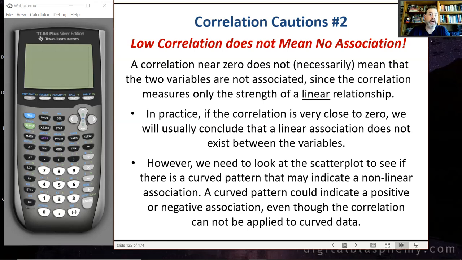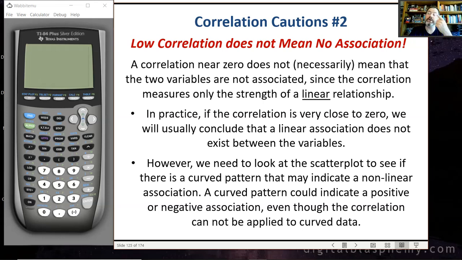It'll still be a positive association. But the number for the correlation doesn't have any meaning. I know that's kind of strange based on what I've been telling you, but it still should make sense, right? There's lots of data in the real world that is associated, but it's associated in a curved manner, still could be positive or negative.